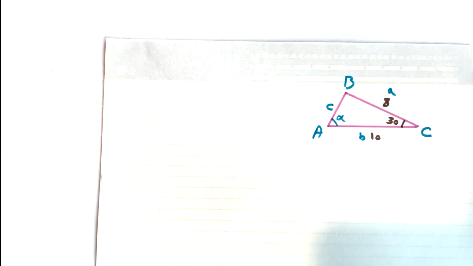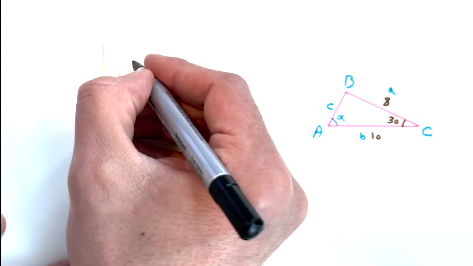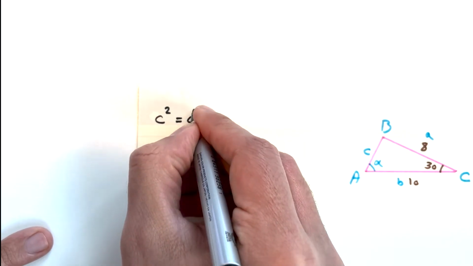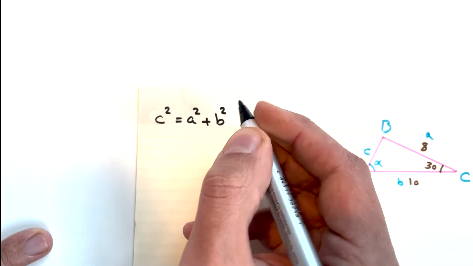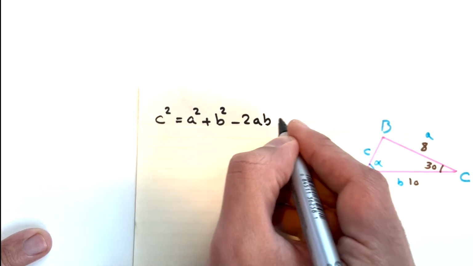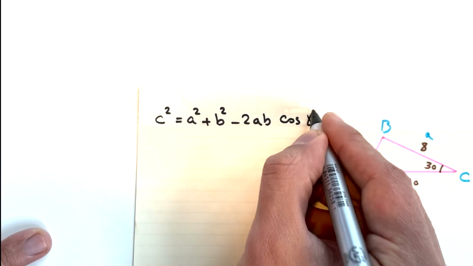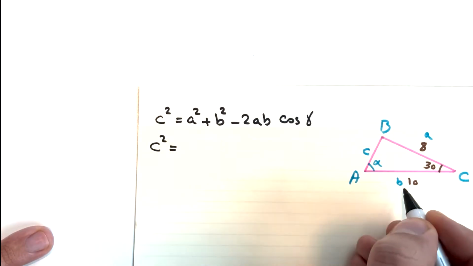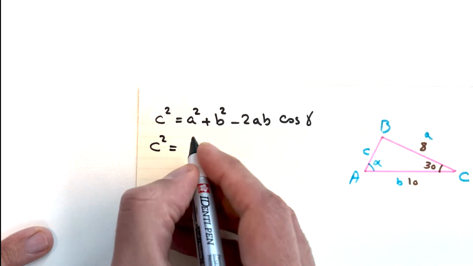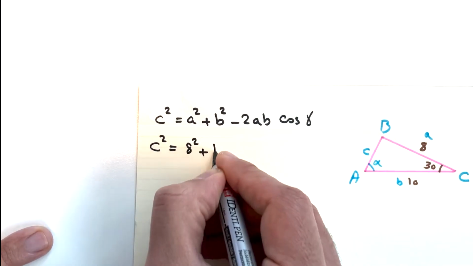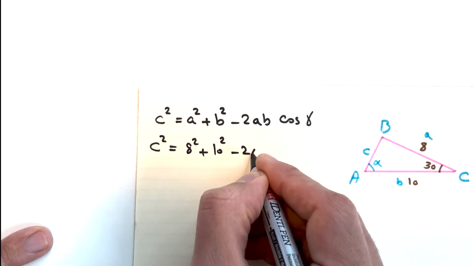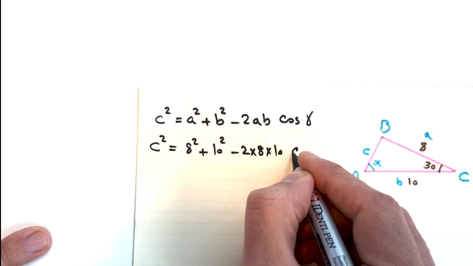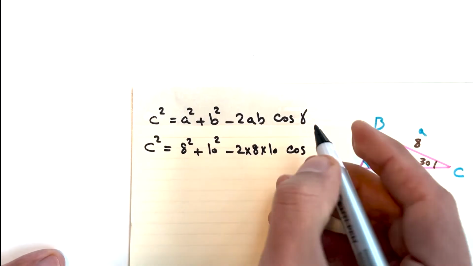If I write the law of cosine, c square is equal to a square plus b square minus 2ab cosine gamma, which here is c square equal to 8 square plus 10 square minus 2 times 8 times 10 times cosine 30.